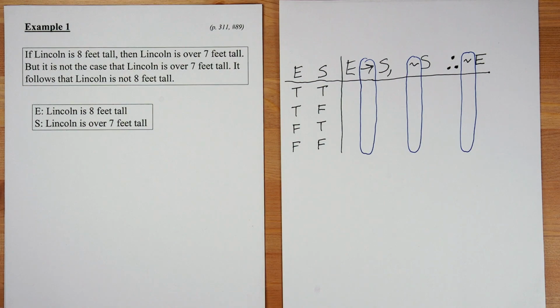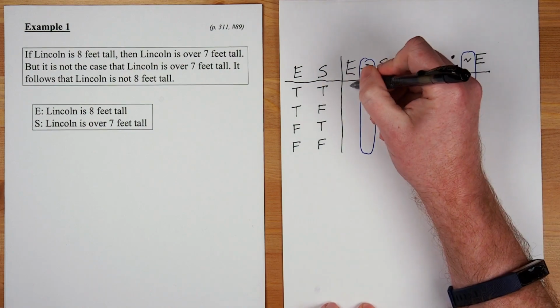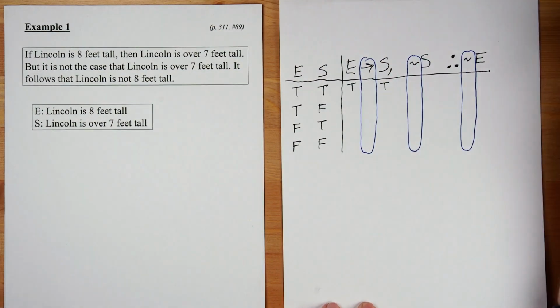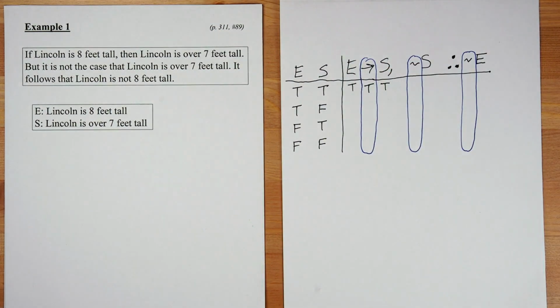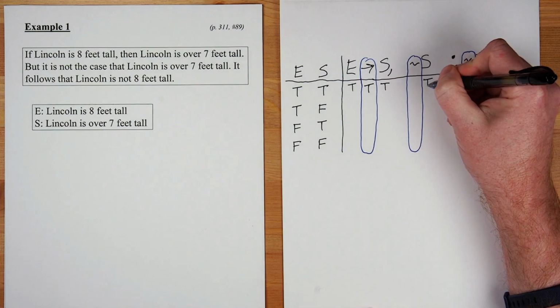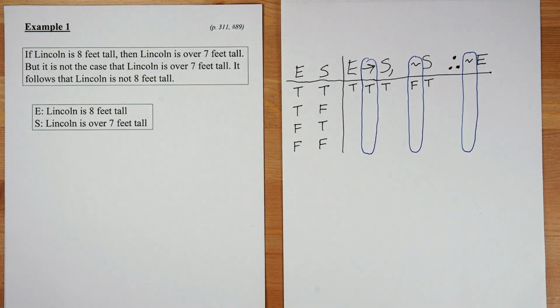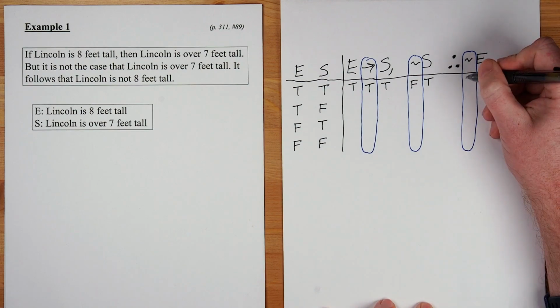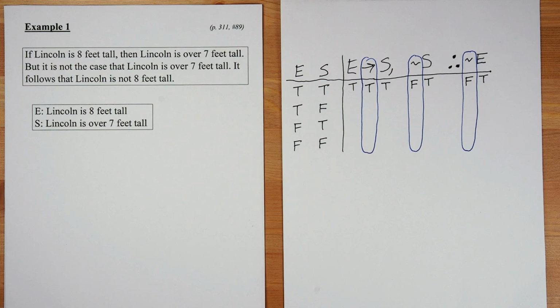All right, on the first line, the first scenario, E and S are both true, and that's going to make the first premise true. Our second premise, not S, will be false, since if S is true, not S is going to be false. Our conclusion will also be false, since when E is true, not E is false.